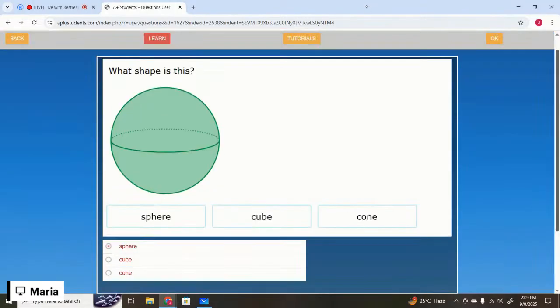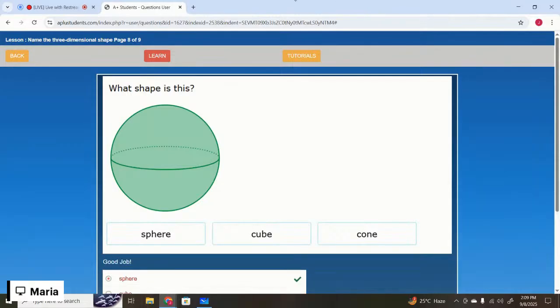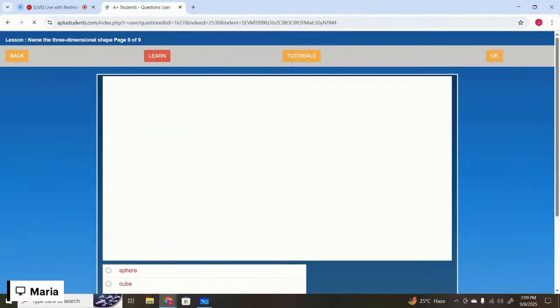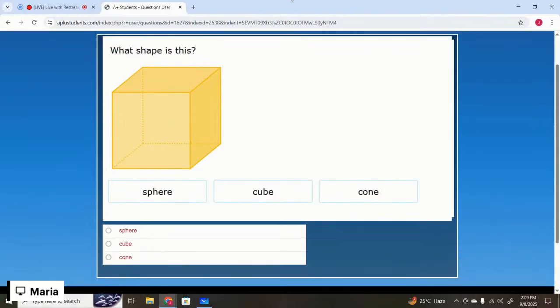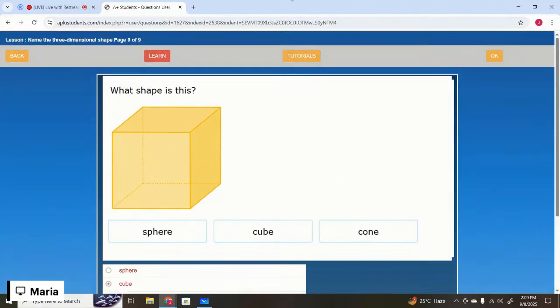Option number one is the correct option. What shape is this? This is a cube. Option number two is the correct option.